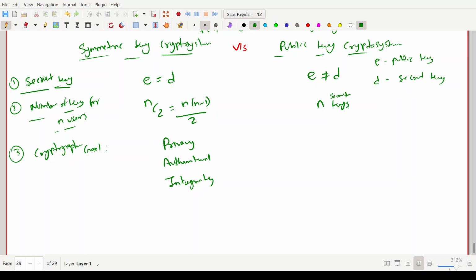But using an asymmetric key crypto system, we can get non-repudiation also. That shortcut we had written, PAIN: privacy, authentication, integrity, and one more thing, non-repudiation. That means undeniable property. Nobody can deny that they have not sent this or sent that.